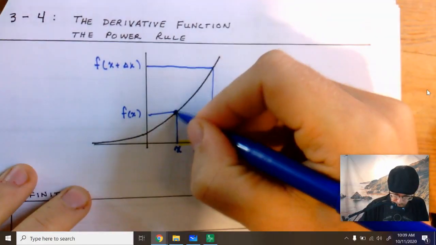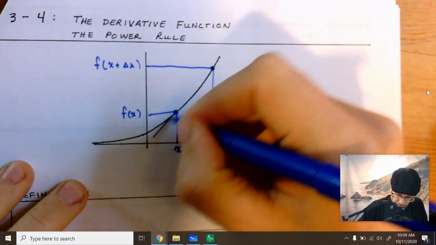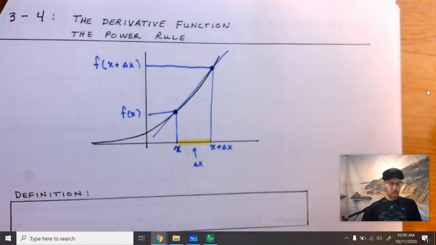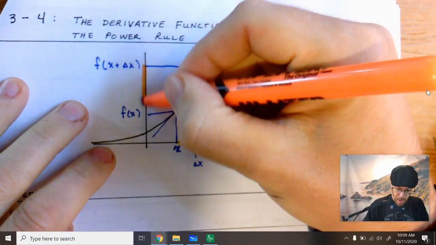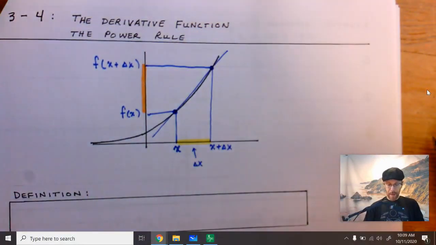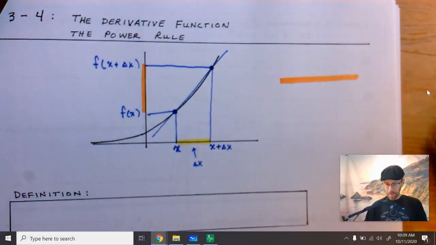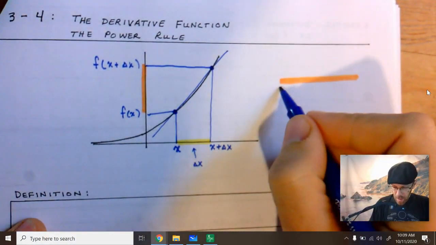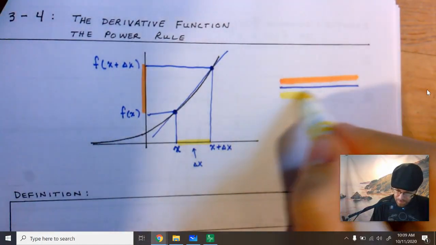So we have 2 points, this one and this one, and we find the slope of the line that goes through them, which, as we saw in the last example, is just this change in y divided by this change in x. So that would look like something divided by something.